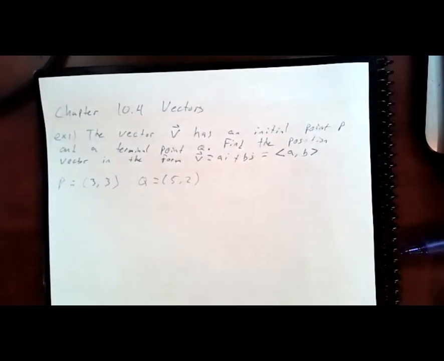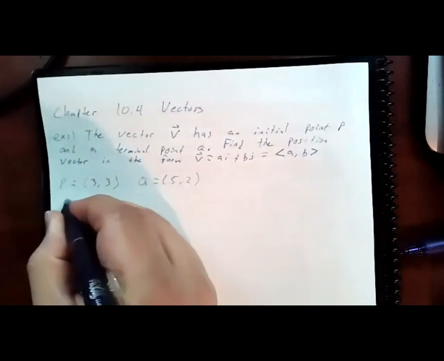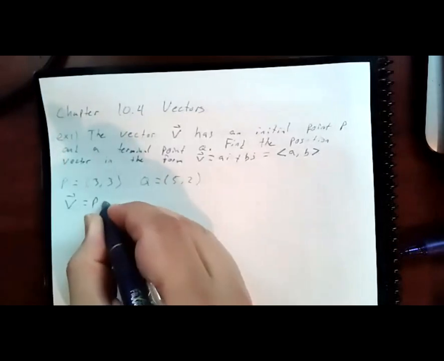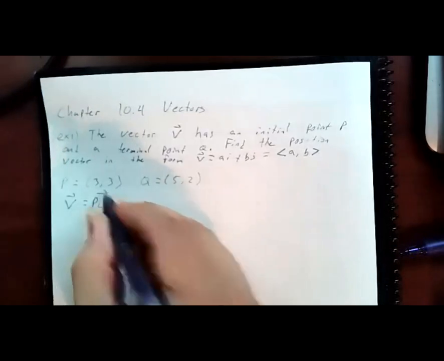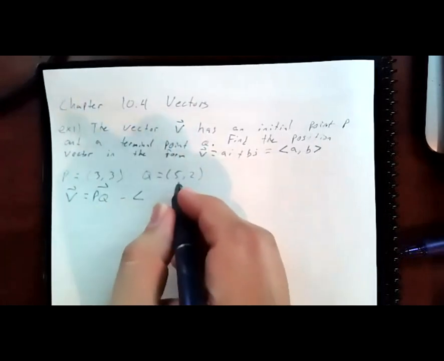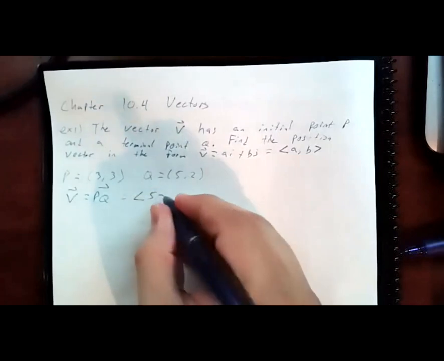So it's P and Q. We call it the vector V, which is equal to, also the book will use this notation, PQ, because you're making a vector out of those 2 points. All you have to do is take the final point, the second point, subtracted by the first, initial point.